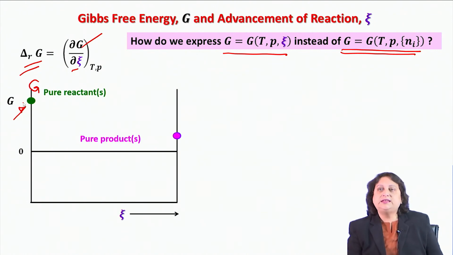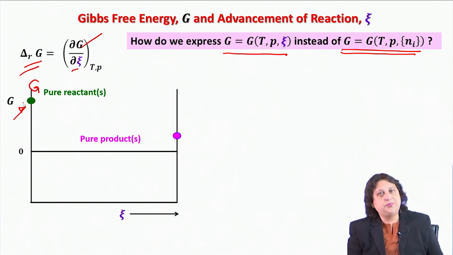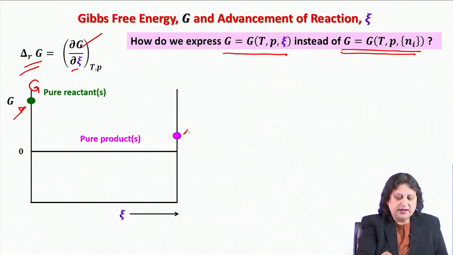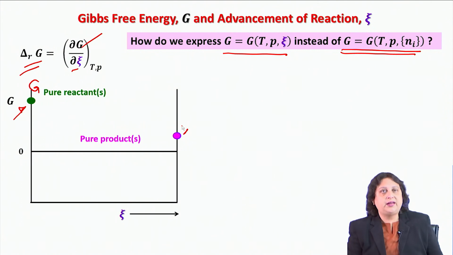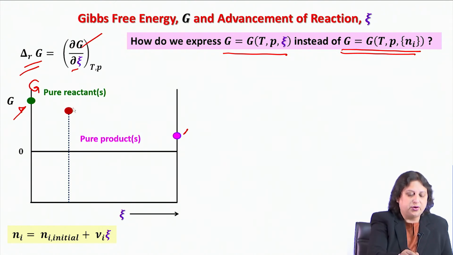Now when xi is at the maximum value, then I will have only the pure products, that is 100% conversion of the reactants to the products. Then again, I can think about this point as the one which represents the Gibbs free energy of the pure products.